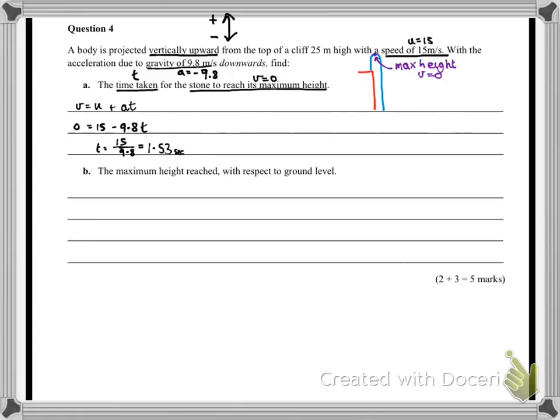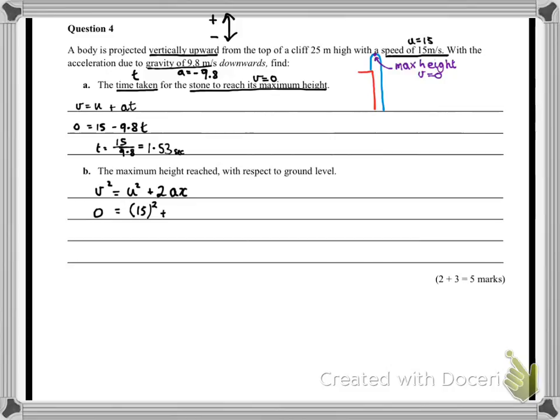Okay, part B, the maximum height reached with respect to the ground level. The ground level is all the way down here. Now, what's the difference from where it was thrown to ground level? That's this 25 meters high above the ground. So we're going to use that information this time.